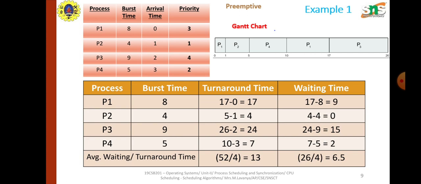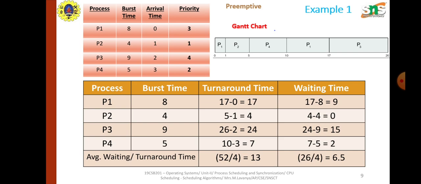For the average turnaround time, we find the average of P1 to P4. 17 plus 4 plus 24 plus 7 equals 52, divided by 4 equals 13 milliseconds, the average turnaround time under preemptive priority scheduling. For the waiting time, the formula is turnaround time minus burst time.